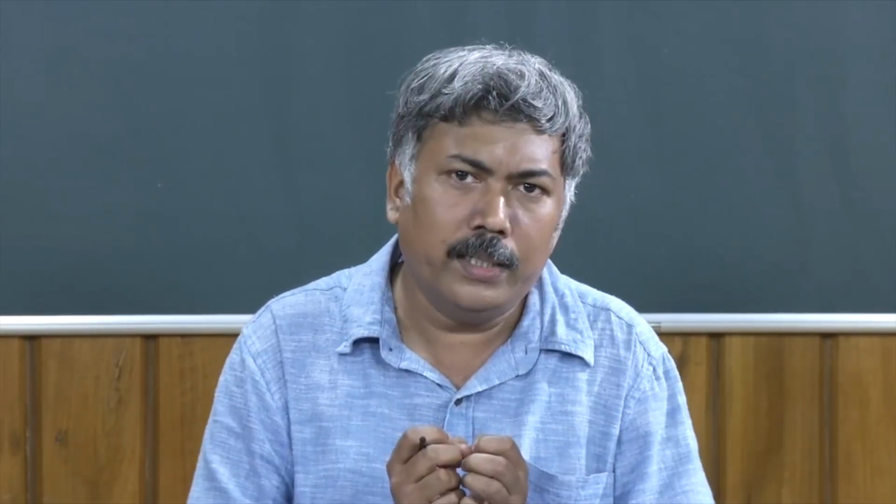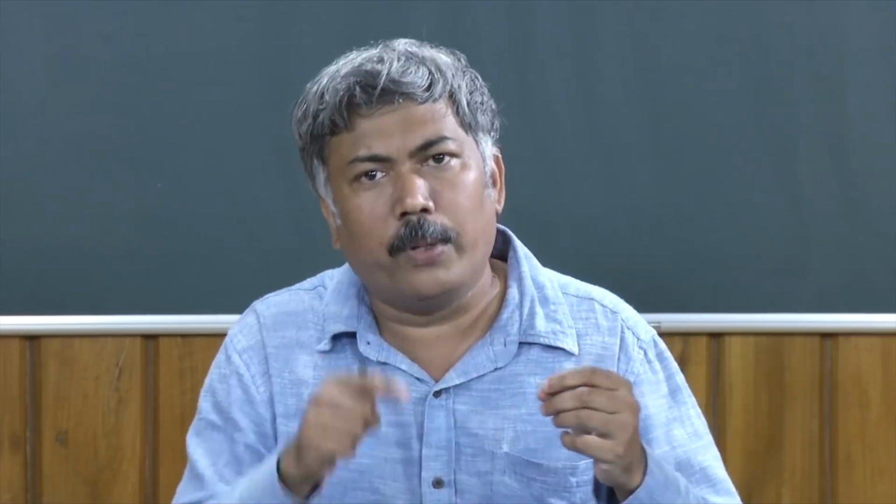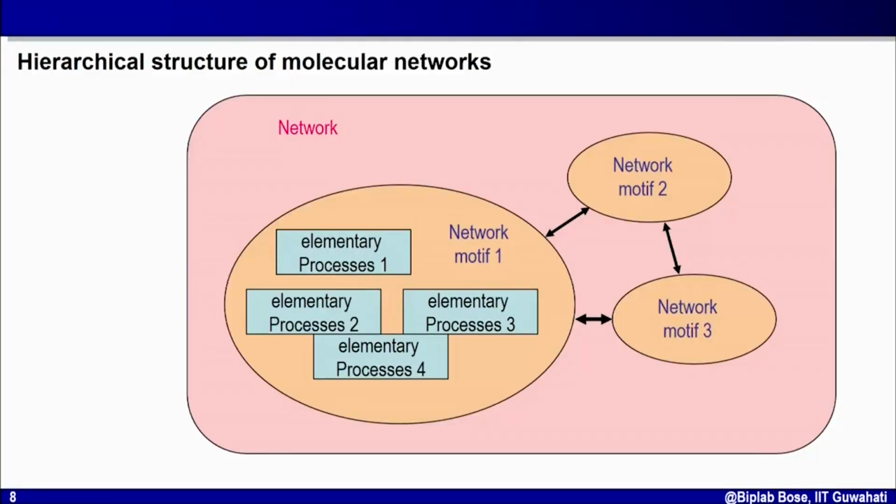So multiple elementary processes, maybe a handful of them, come together and create a network motif. For example, a positive feedback, incoherent feed forward, something like that. So I get a network motif. These network motifs are again connected to each other. So I have multiple network motifs, 1, 2, 3 for example as I have shown here, and all these network motifs are connected to each other and give rise to a large network.